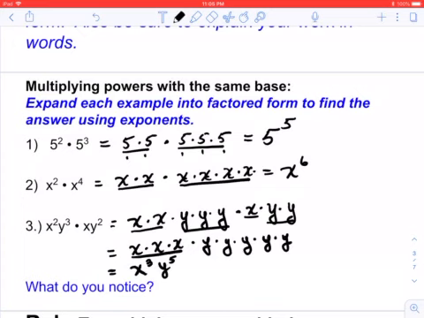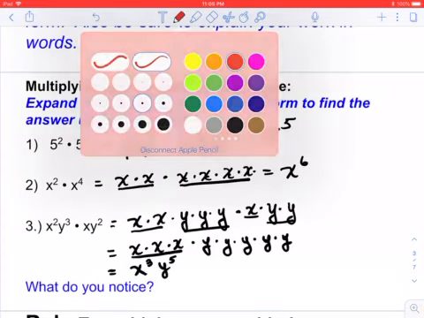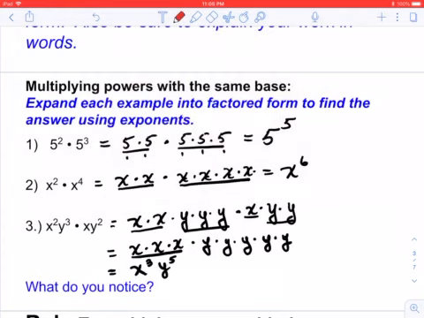Okay, so I want you to take a look at something for me. I want you to look at the exponents in the problem and the exponent you ended up with in the answer. Again, look at the exponents in the problem, and then look at the exponent you ended up with in the answer.